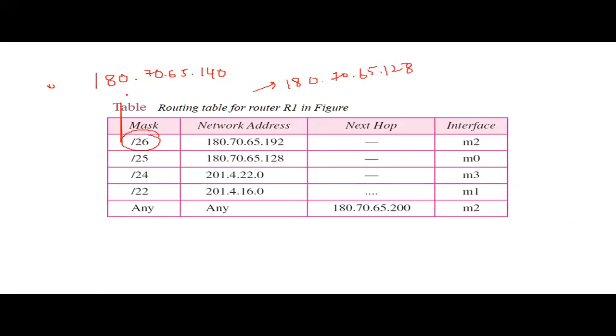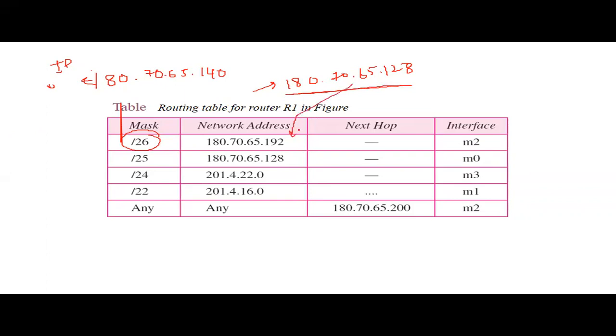How do we apply the mask? Basically, we convert this IP address into binary form and we write the mask in the following way. We write 26 ones, and what will be the remaining? There will be six remaining zeros, and we will perform the AND operation and this is the network address that we will get.